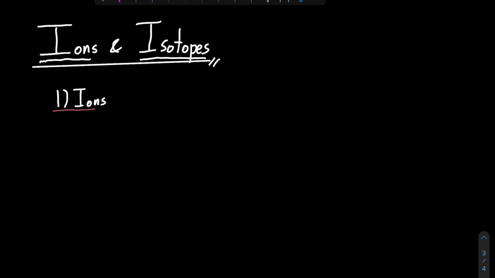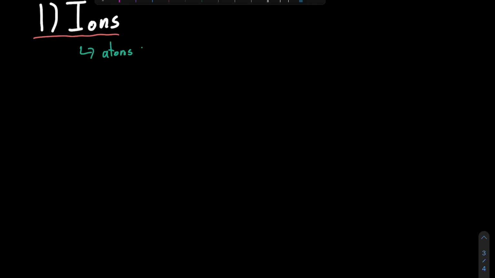So, what ions are? Ions are atoms that have a particular charge. So, basically, ions can be defined as atoms plus a charge. And what I mean by a charge is it can either be positive or negative.